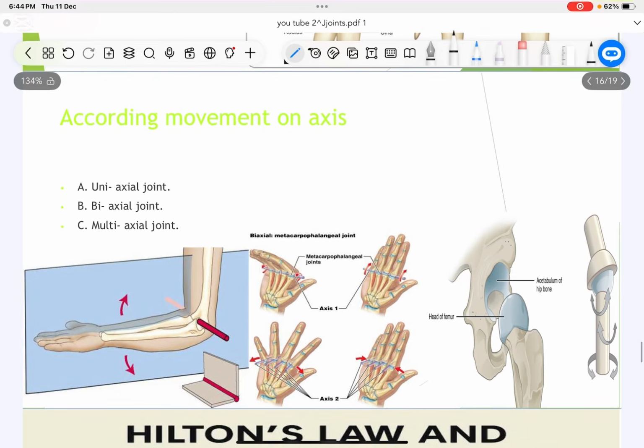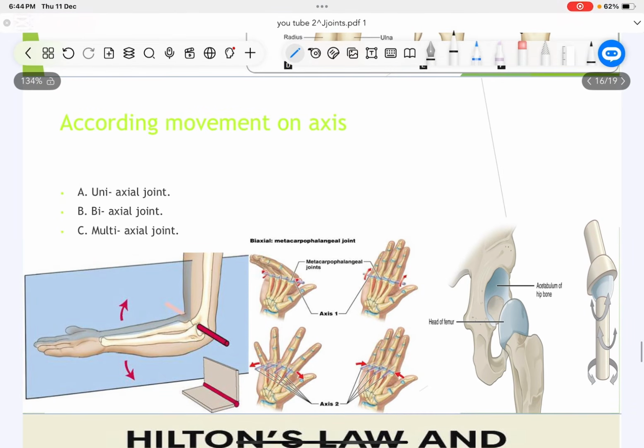The third type of classification we are saying, that is called according to the movement on axis. It can be classified into uniaxial, biaxial, multiaxial. Of course, from here we can understand uniaxial means only one axis movement will be there. Give an example, it should be hinge. It can be pivot.